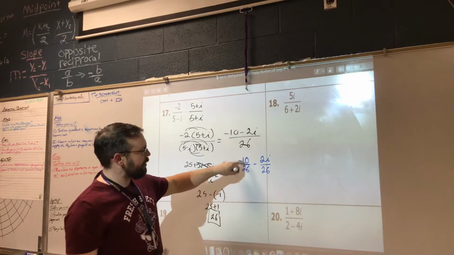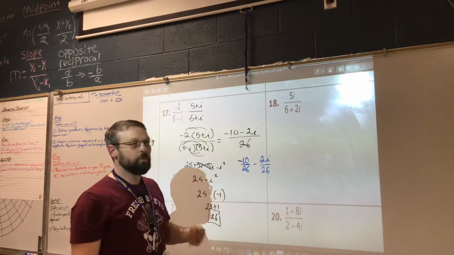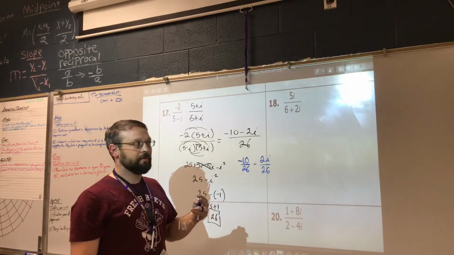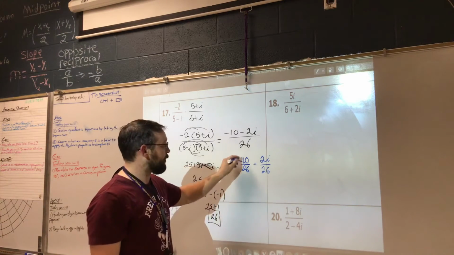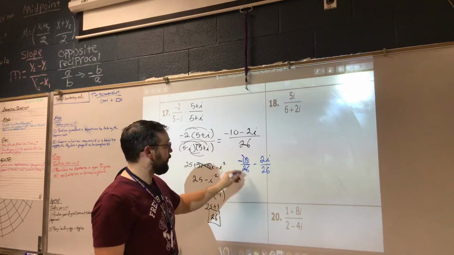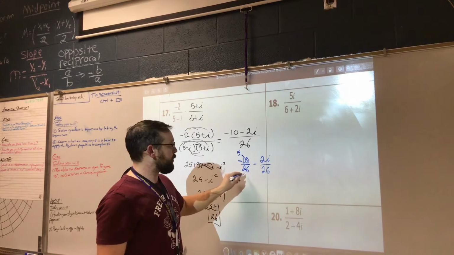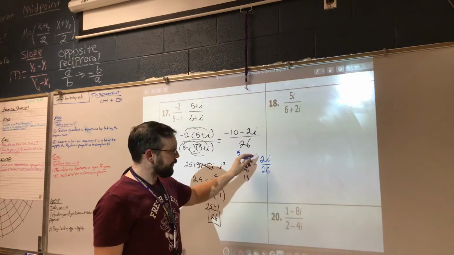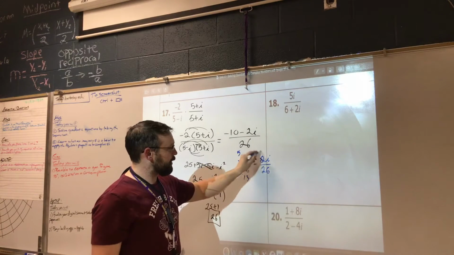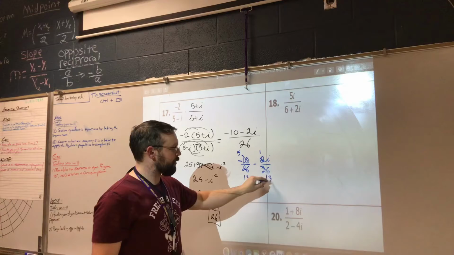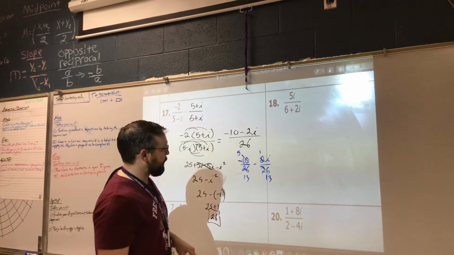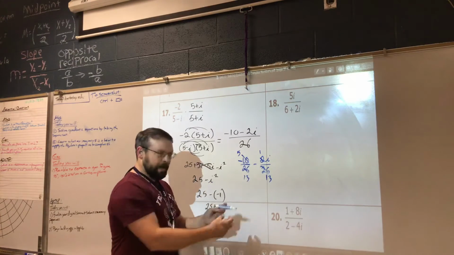So I just now look at them individually and say, okay, 10 26ths. What can that reduce by? And I look and say, okay, well, 2 will go into both of them. 2 will go into 10 five times, 2 will go into 26 thirteen times. 2 will go into itself once. 2 will go into 26, 13 also. So when I've got it reduced down, I just rewrite it.